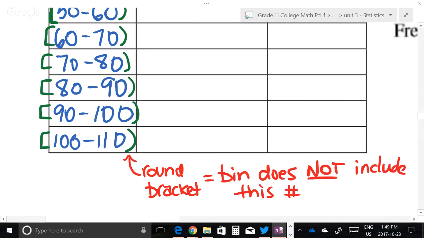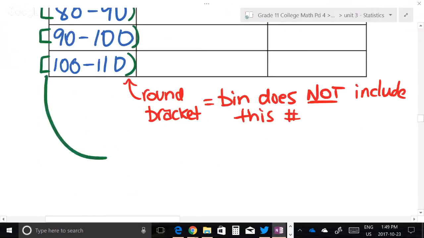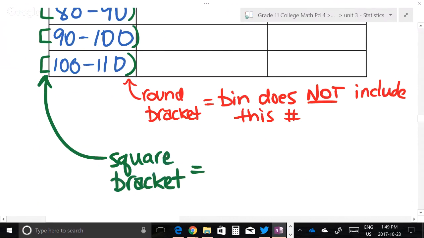And the square bracket tells us that the bin does include this number. And as long as you're careful, it works. It doesn't matter which way you do it, but the number 50 can't be in 2 bins, right? If you had a 50 exactly, you have to decide where that goes.